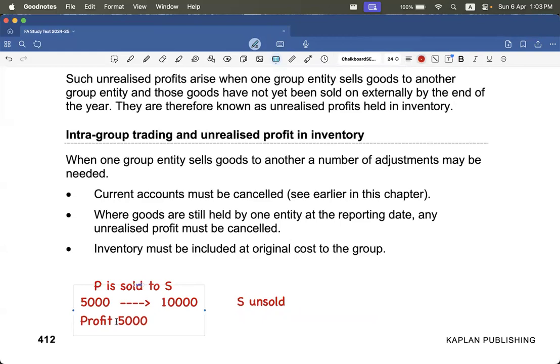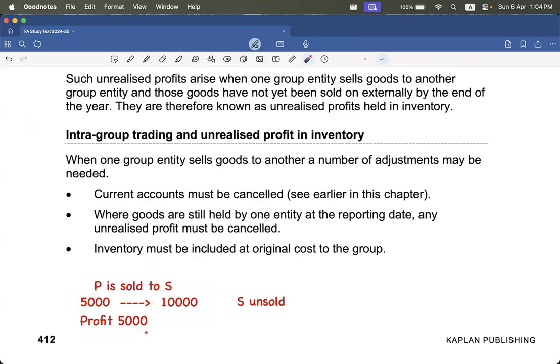I'm going to revise it again. Suppose there is a parent company called P and a subsidiary called S, and P sold goods to S. It can be vice versa, but here I'm taking the example P sold to S. The goods cost 5,000 and were sold for 10,000, creating a profit of 5,000.